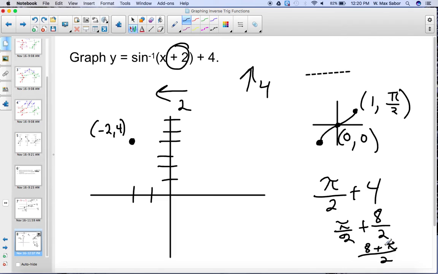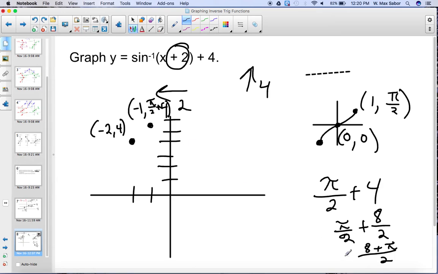This is approximately 11 over 2, so 5.5. So it's going to be a little bit above 5.5. And this is negative 1, comma, pi over 2 plus 4.